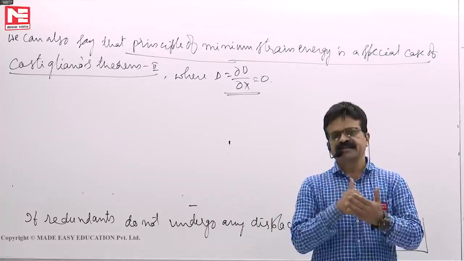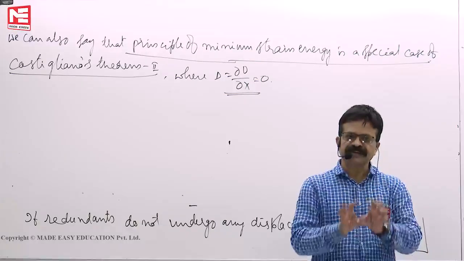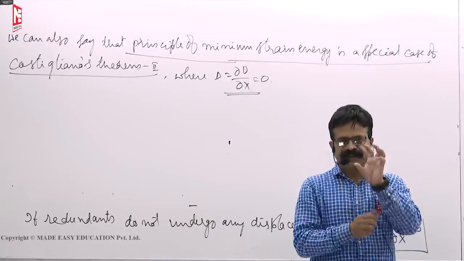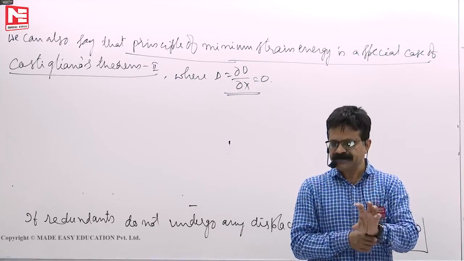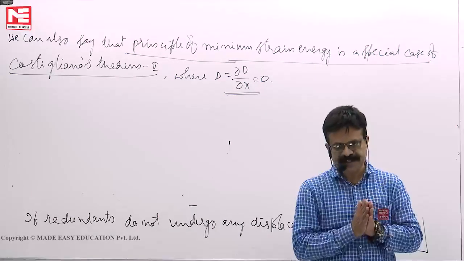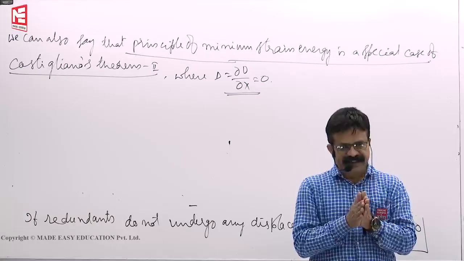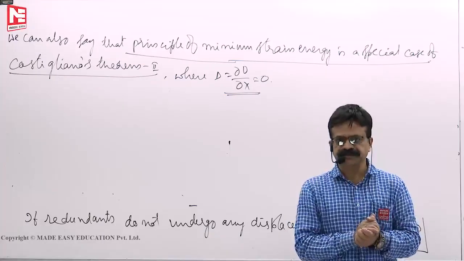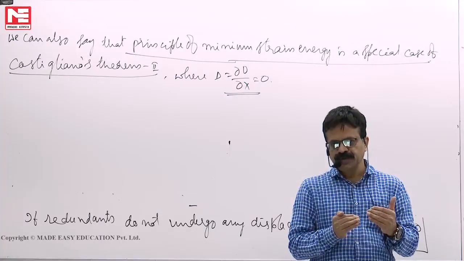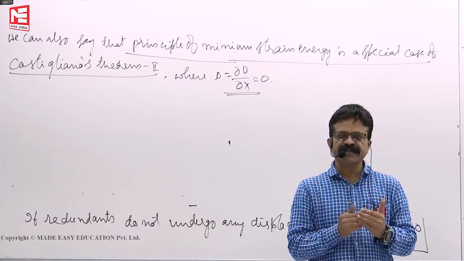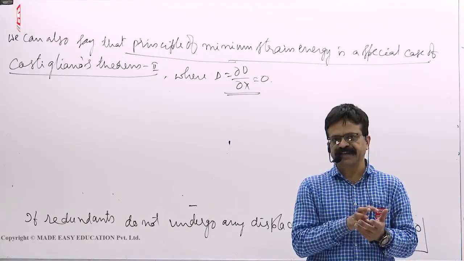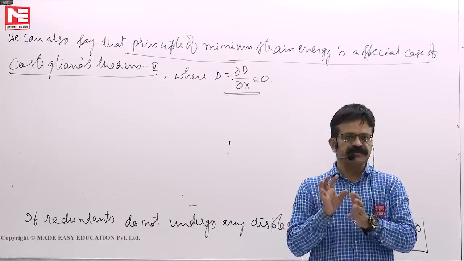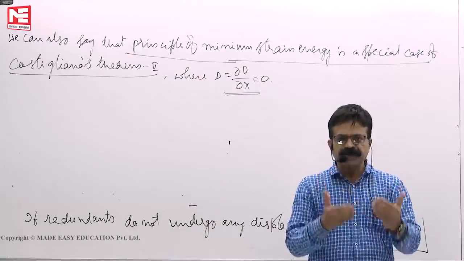Next, Castigliano's theorem 2. It applies only to linear elastic structures. If you differentiate the strain energy stored with respect to the force, you will get the displacement. That means for linear elastic structures, the Crotti-Engesser theorem becomes Castigliano's theorem 2. In Castigliano's theorem 2 also, when you write dou u by dou x, if that partial derivative with respect to force becomes 0, then dou u by dou x is equal to 0.